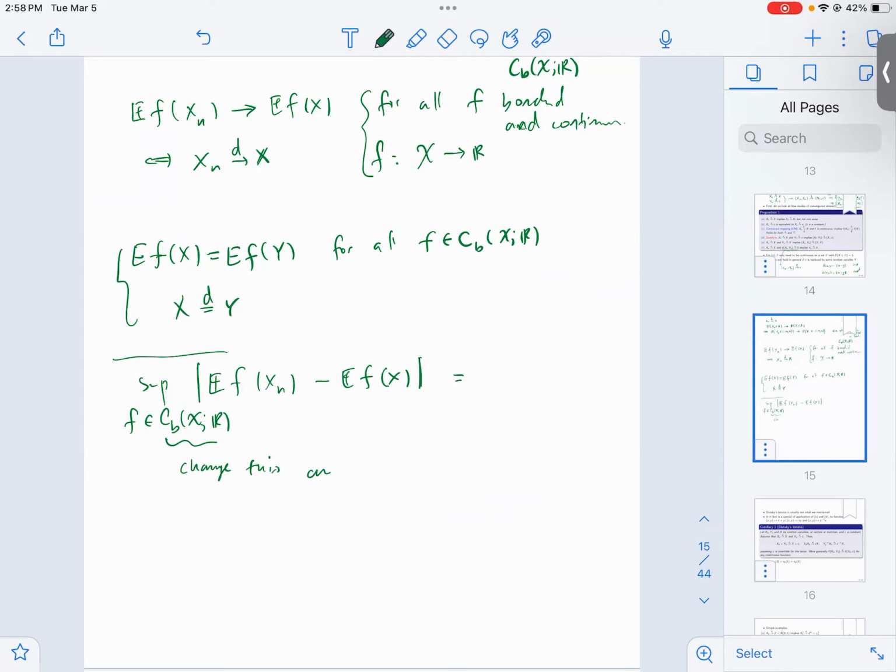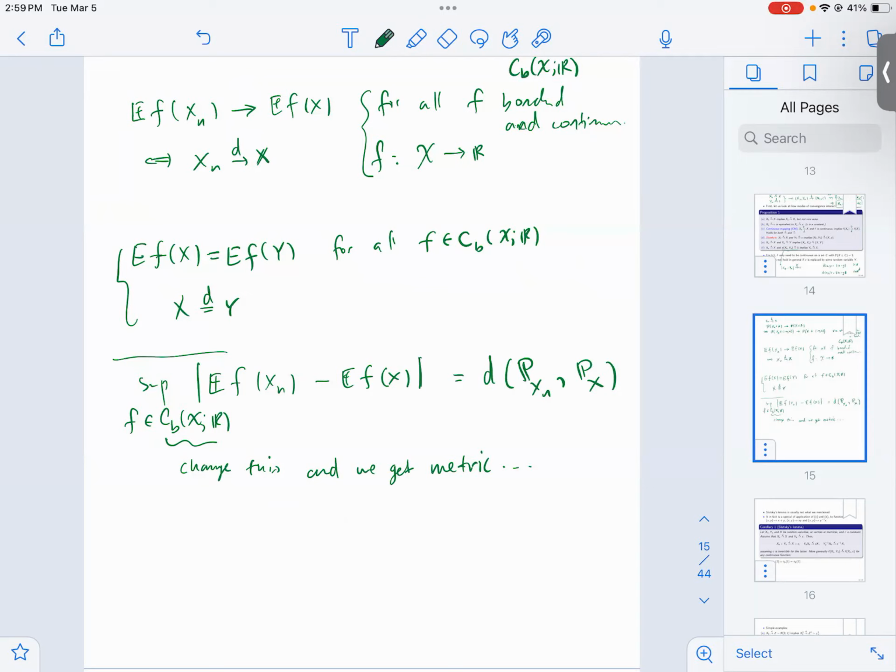So you can think of this as some sort of distance between the distribution of Xn and the distribution of X. We get different metrics, which could be a whole different course.